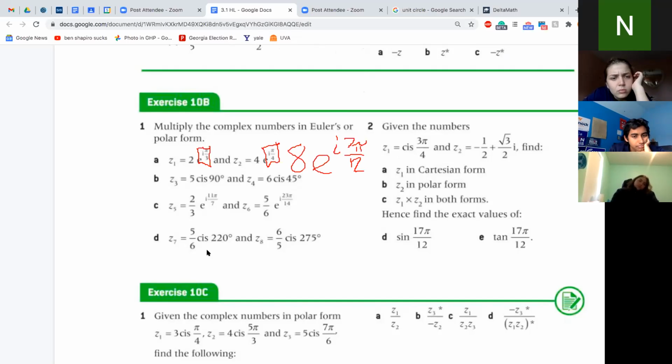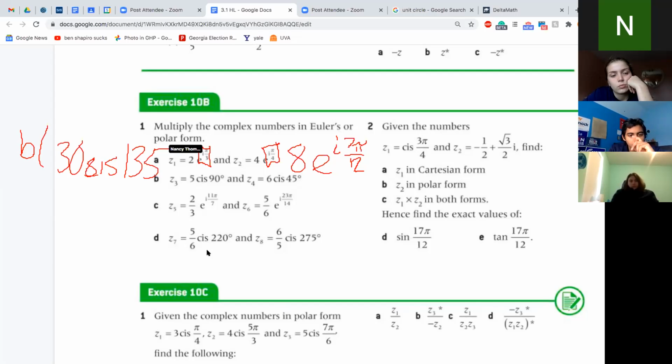What was B? 30 cis 135. Literally all you do is 5 times 6 and then 45 plus 90. C is 5/9 e to the 45 over 14 i pi. The 45 has the i and the pi attached to it.